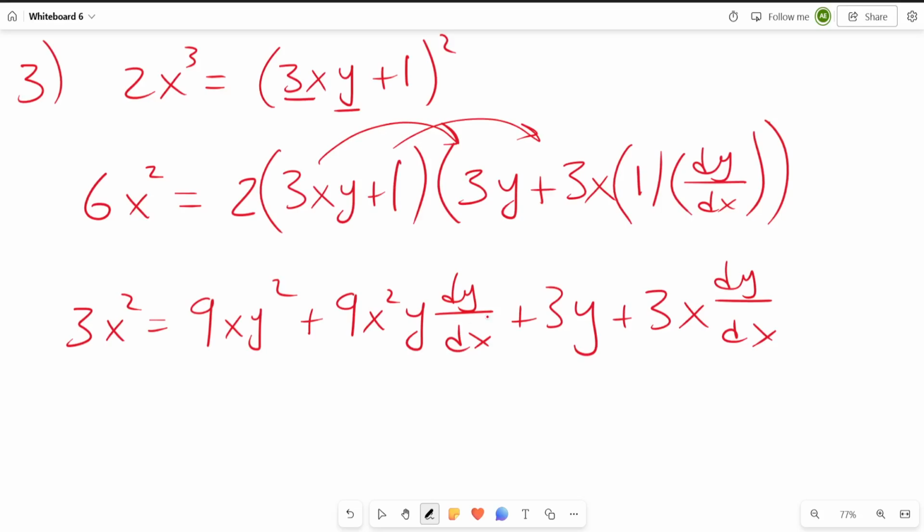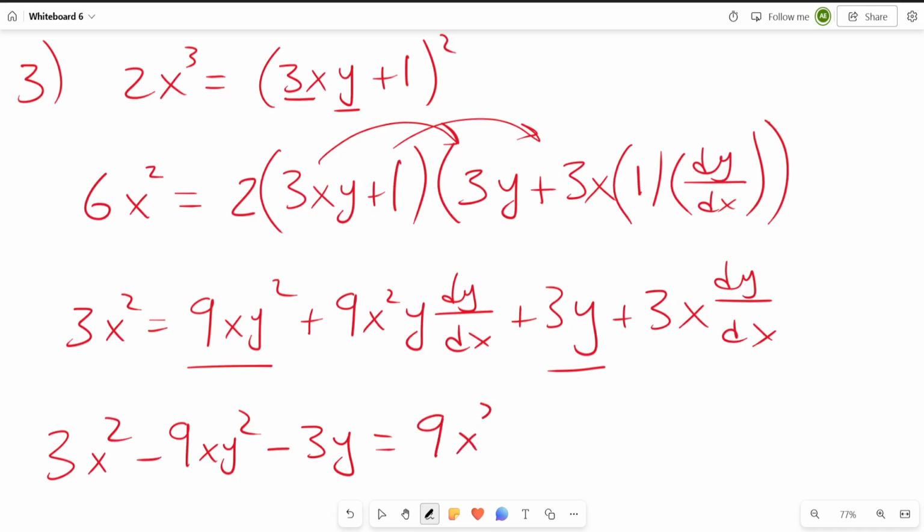I'm going to move everything that doesn't have a dy by dx to the other side. I'm going to have a 3x squared, gonna move this minus 9xy squared. I'm gonna move that, so minus 3y equals 9x squared y dy by dx plus 3x dy by dx.